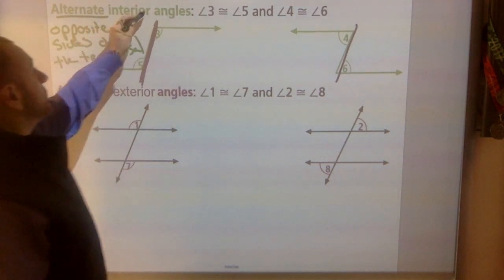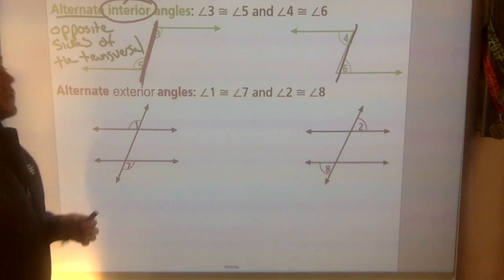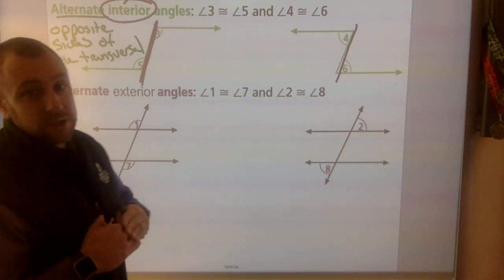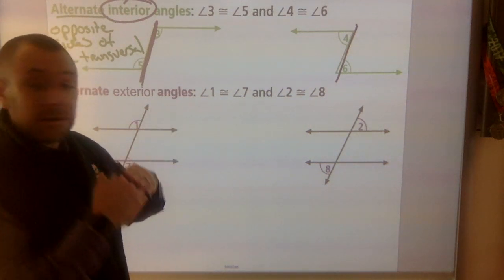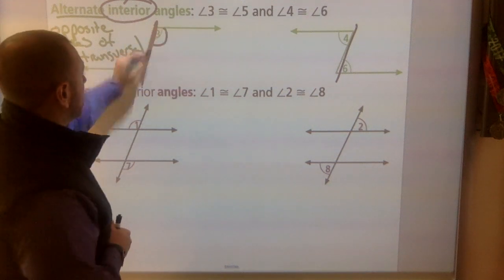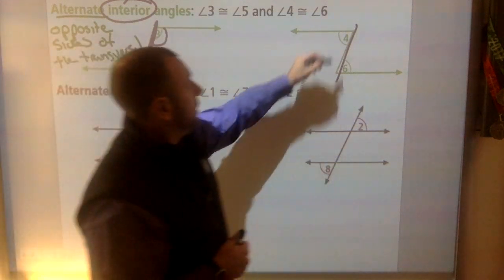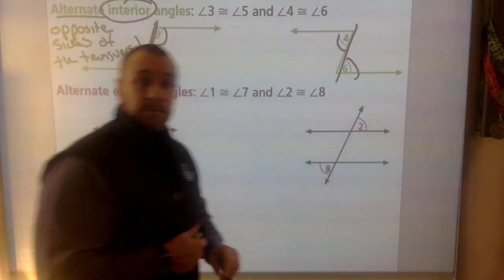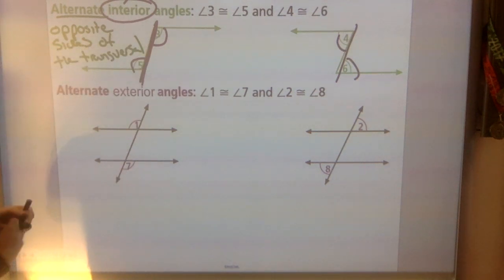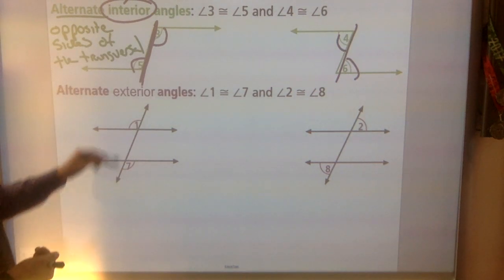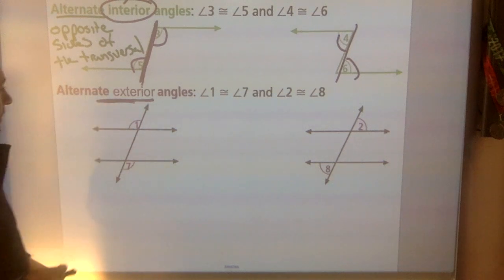But it also says interior. So they have to be inside the two lines that are being crossed. So 3 is on the inside, 5 is on the inside. 4 and 6. The alternate of that, the opposite of that, is exterior angles.